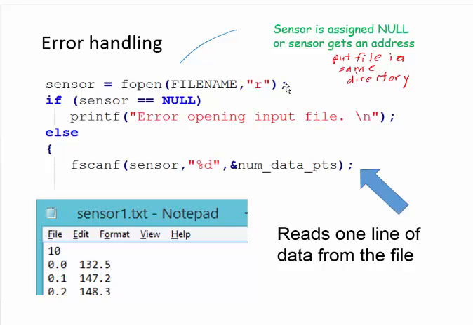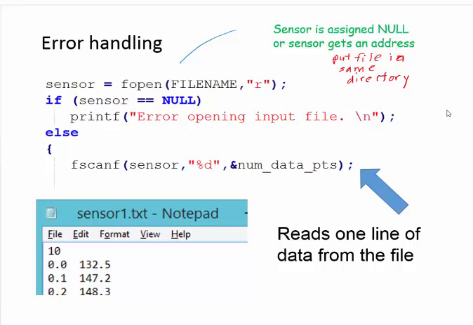When you don't find the file and you get an error, null is returned to sensor. So sensor gets assigned the value of null, which is a keyword in the C language. If you don't want that to happen, make sure you put your data file in the same directory as your program file, or else put your path to the file as a complete address.